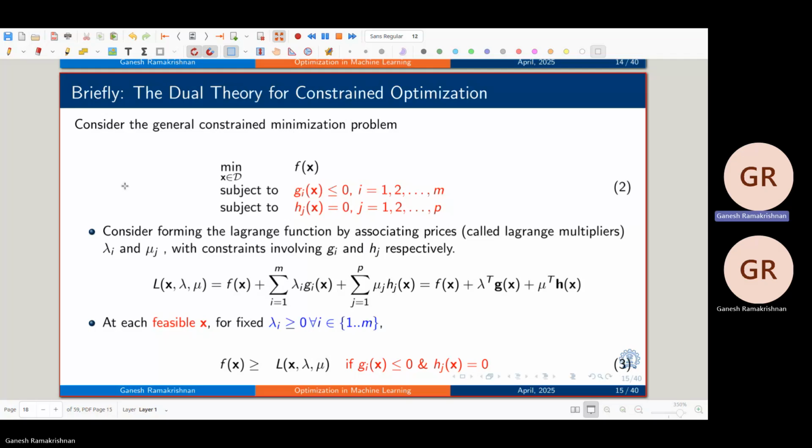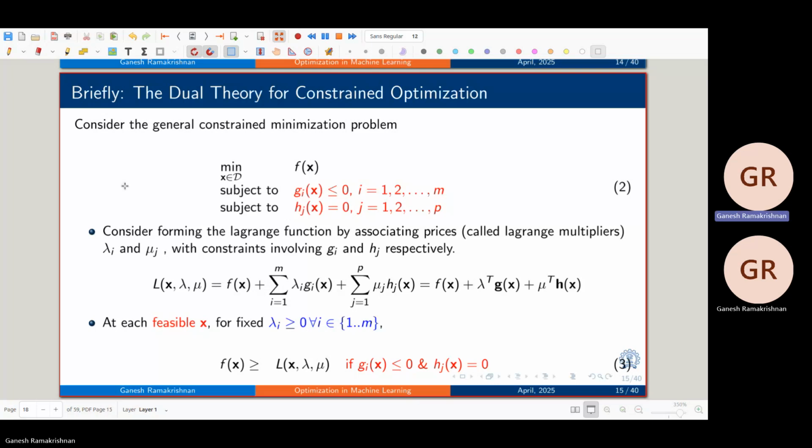Is this clear? That's it. The simple so-called generalization, and everything else will remain the same. For every i, lambda i times Gi at x star is equal to 0.